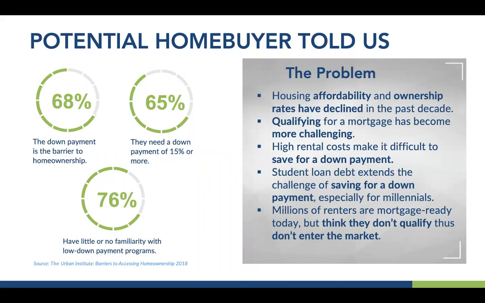But then we also have this problem: when asked if they had any familiarity with low down payment mortgages, like those that I just rattled off, more than 3/4 in this survey said that they had little or no familiarity with low down payment mortgage options, not to mention the fact that they don't know that down payment assistance is out there. So when we put all this together, it's clear buyers think they need more down payment than they do. The down payment is their biggest barrier to home ownership, and they don't know that you can get into a home with 3.5%, 5% down.